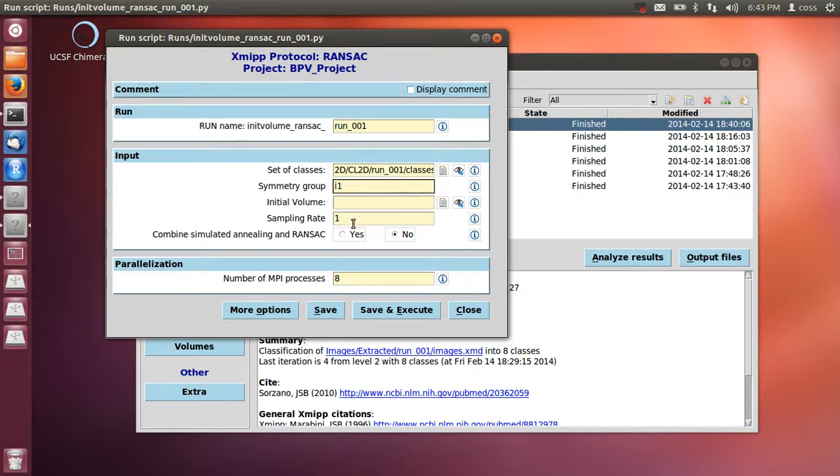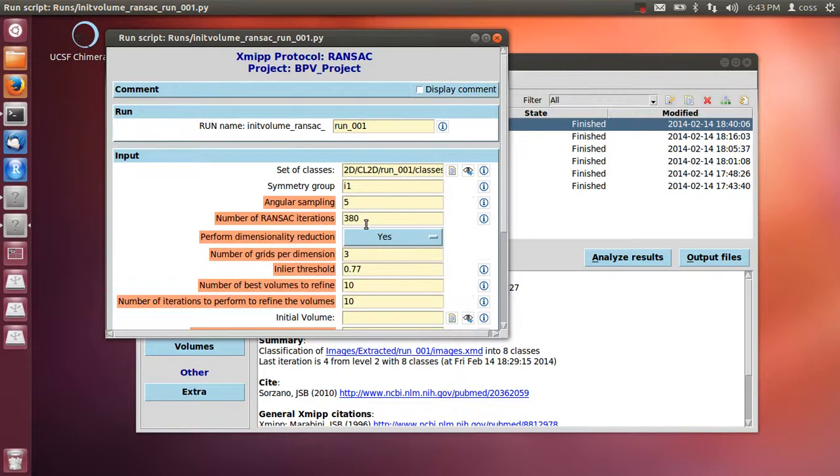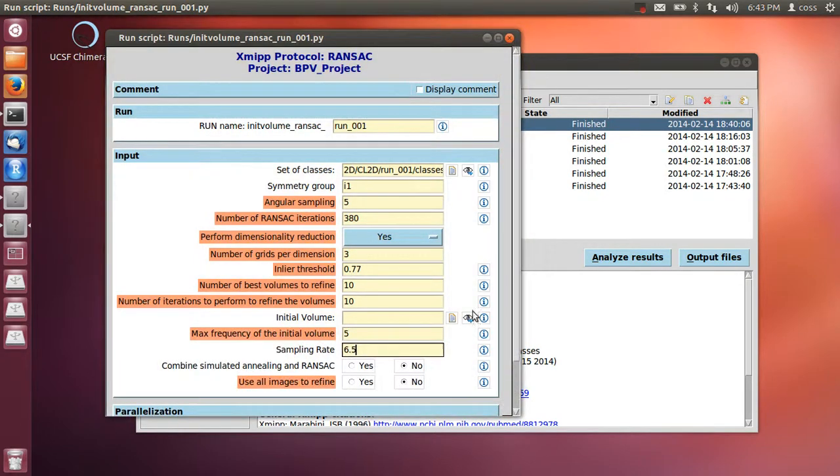Then the sampling rate, in this case it is 6.5. Then it is important to modify some parameters here. If you keep the sampling rate at 1, you may not need to change this parameter, and otherwise if you change the sampling rate, you have to say what is the maximum frequency or maximum resolution of the volume you want to reconstruct.